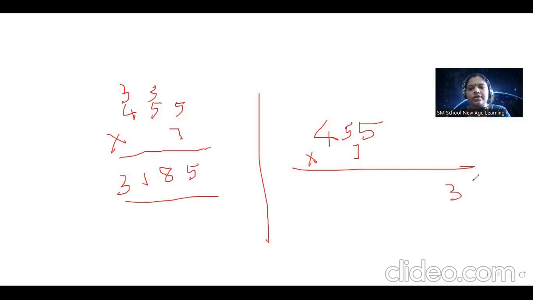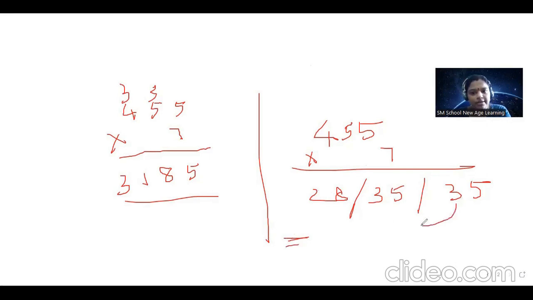So 5 into 7 is 35. Again 5 into 7 is 35. Again 7 into 4 is 28. So now what you can do is you can add the numbers individually.